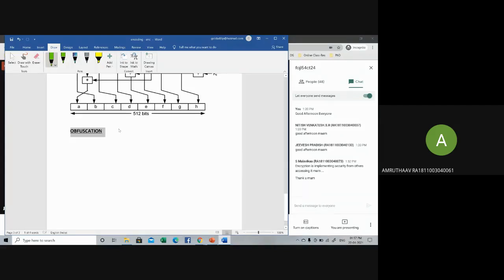Oh, okay. So in obfuscation, what you're basically trying to do is take one particular message or something and make it harder for a person to understand. So you're making it more difficult to attack or copy.